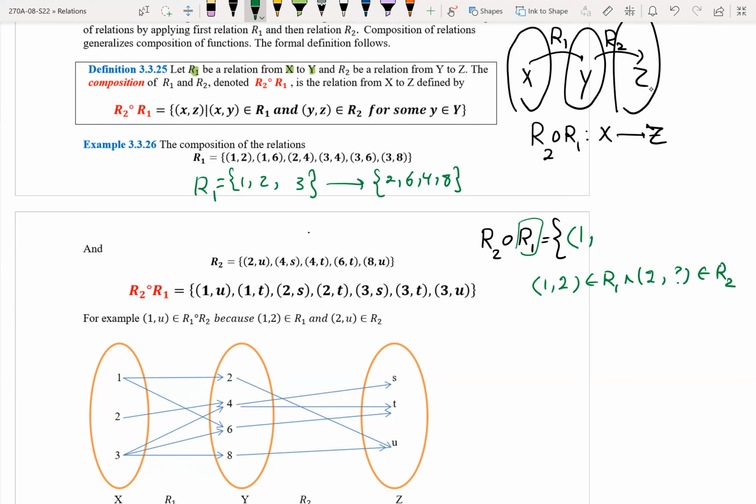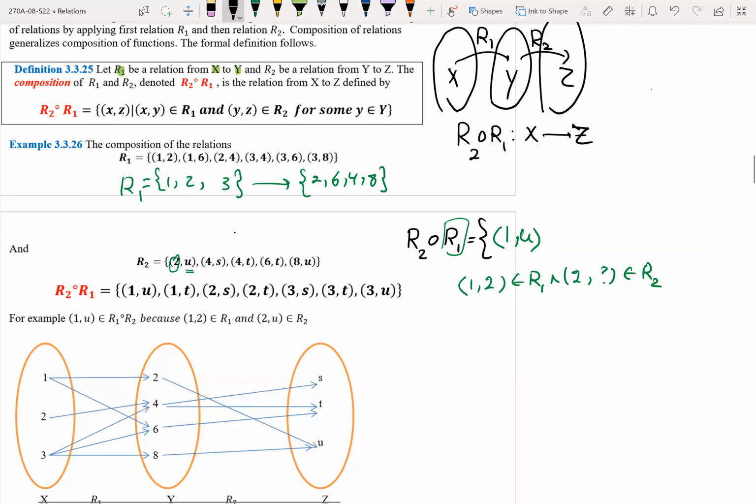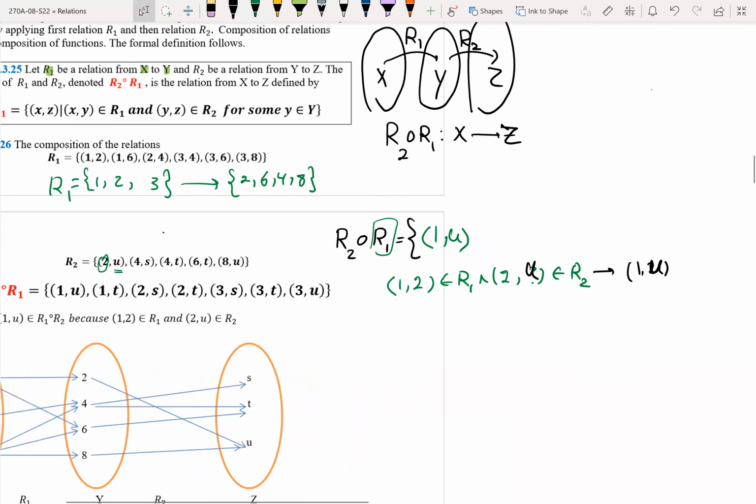Because first is R1, which transfers 1 to the 2, and then is the R2, which transfers 2 to the U. Is it okay? Let's try one more time. 2 to the, what was it, U? So then 1 transfers to the U for compositions, okay?